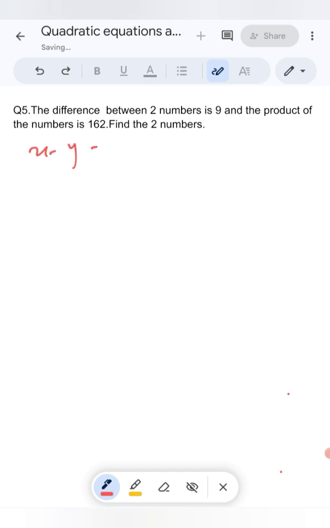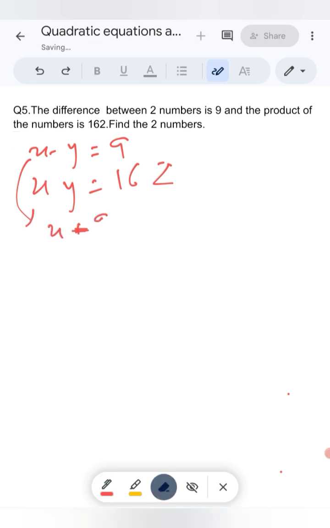x minus y is equal to 9 was there, and the product of the numbers is x into y, which is 162. Here you made out your subject through this, that was x minus 9 is equal to y.